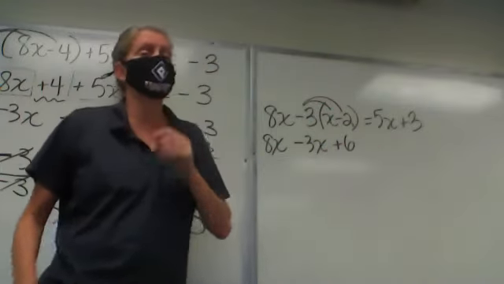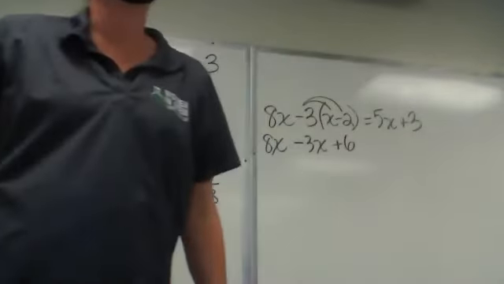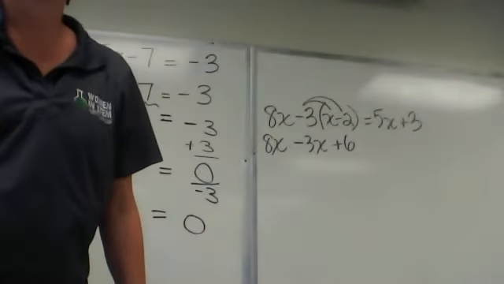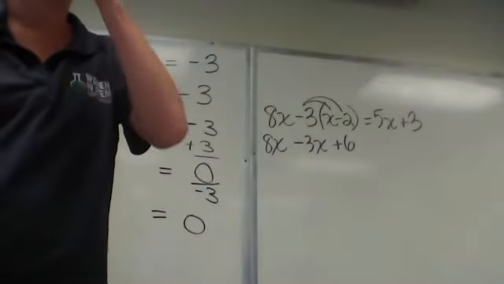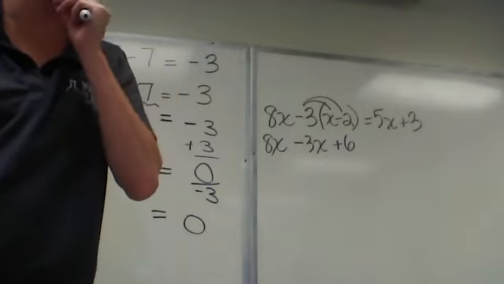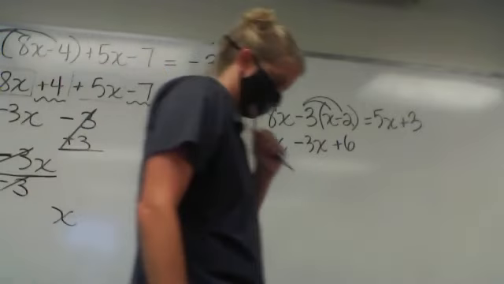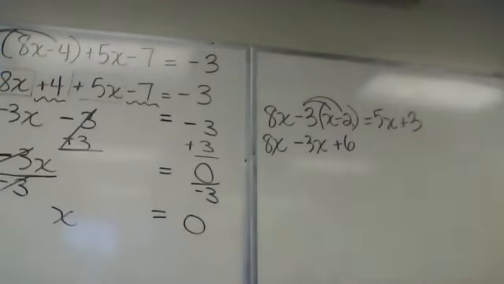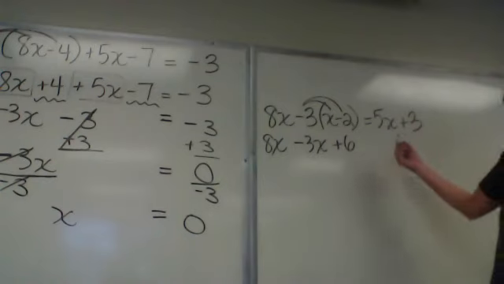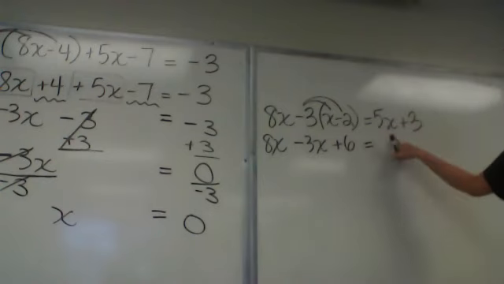My signs still change because I multiplied by a negative. The number outside the parentheses does not change. The signs inside the parentheses are going to change. If you're distributing a negative, the signs inside the parentheses are going to change. Drop it down.